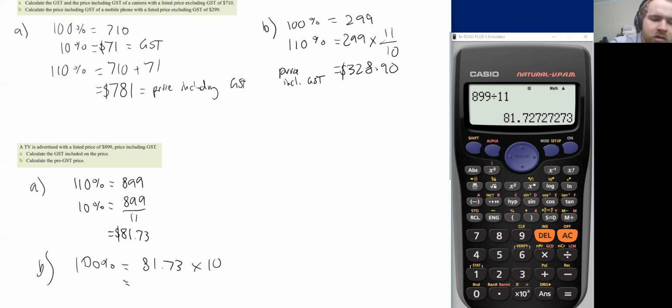So all we need to do is going to be $817.30, and that will be our pre-GST price. Okay, so if we add this number here, then we should get back to this number here.